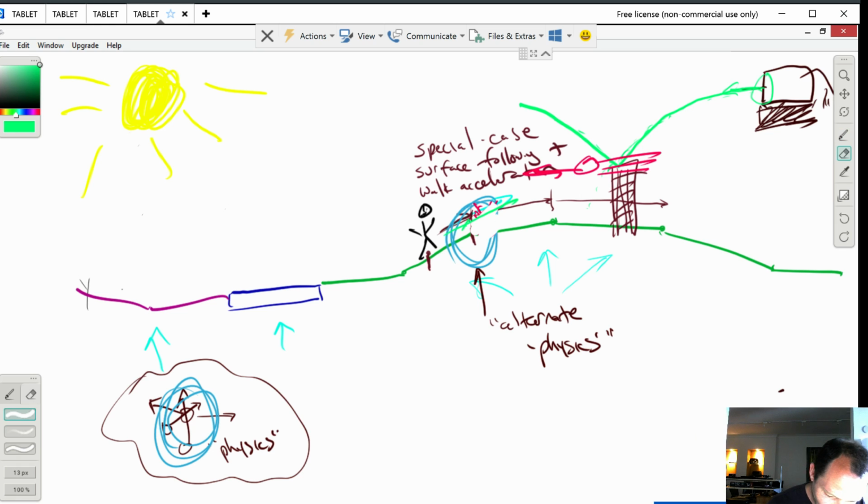Let me just erase some more of this. The player is following this piece of the ground, right? So he's going this way, but then at some point that's going to change and he's going to start going there, right? So does the fireball hit him in the head or not?